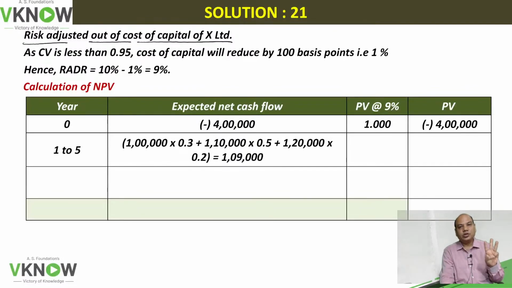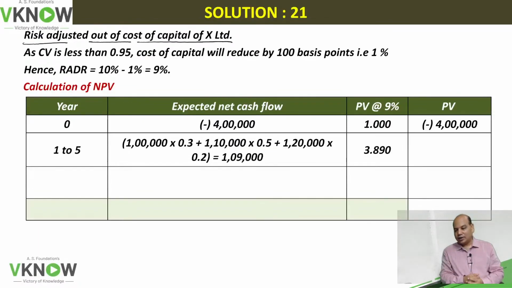There are 3 possible cash flows. 1 lakh with 0.3 probability plus 1 lakh 10,000 into 0.5 probability plus 1 lakh 20,000 into 0.2 probability. So calculate and give me expected net cash flow. Expected net cash flow is 1 lakh 9,000.